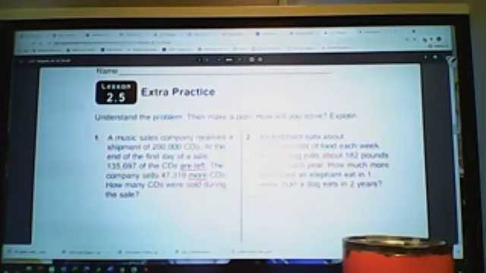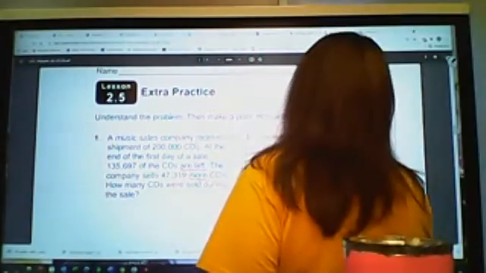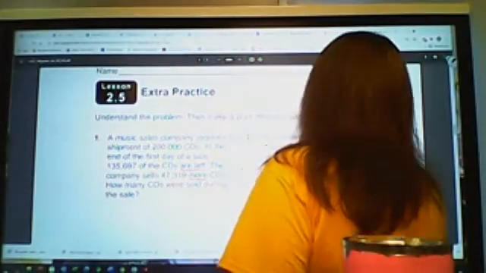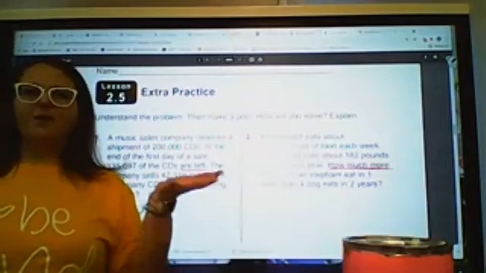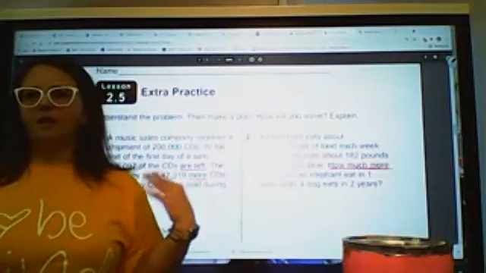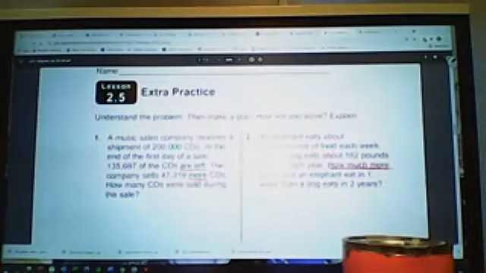What clue words? How much more. What does that tell us we're going to be doing? We're comparing two things. We've got to figure out how much more one is than the other. So to do that, Jada, what are we doing? Subtracting. So that's another subtracting one.